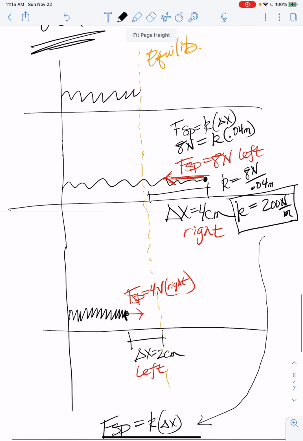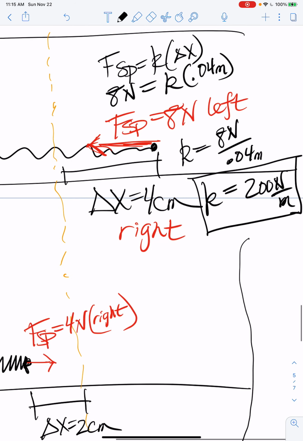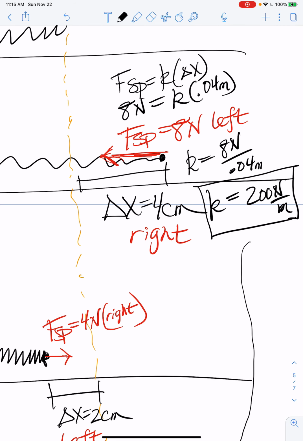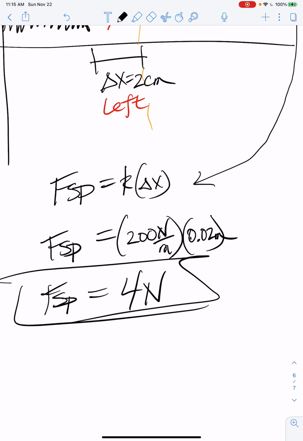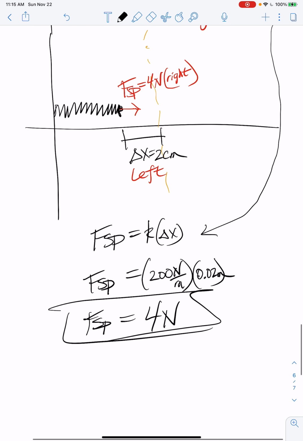The alternative way I showed you, which was to solve for the spring constant K, and then go ahead and plug it into Hooke's law and get the new force spring. Both ways worked. One way was much more conceptual. One way was much more mathematical. Both are good, but conceptual is the harder way usually. It just helps to really understand what you're doing.